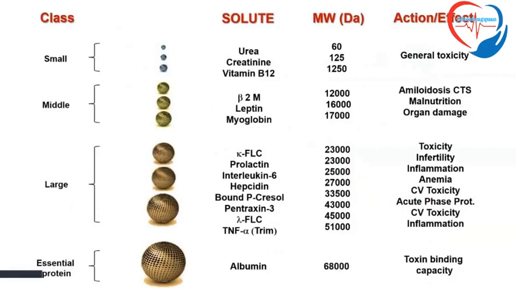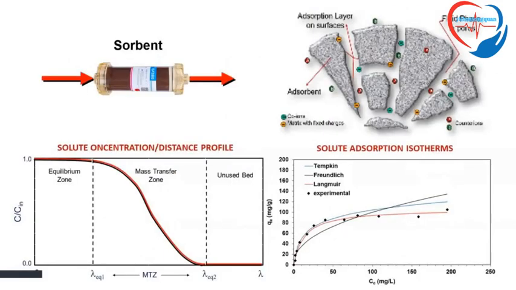And indeed, these solutes, which are between, let's say, 20 and 50,000 Daltons, seem to have a specific clinical effect of intoxication, inflammation, anemia, and cardiovascular toxicity. So these molecules are very important, and probably the optimal possibility to remove them is by adsorption.